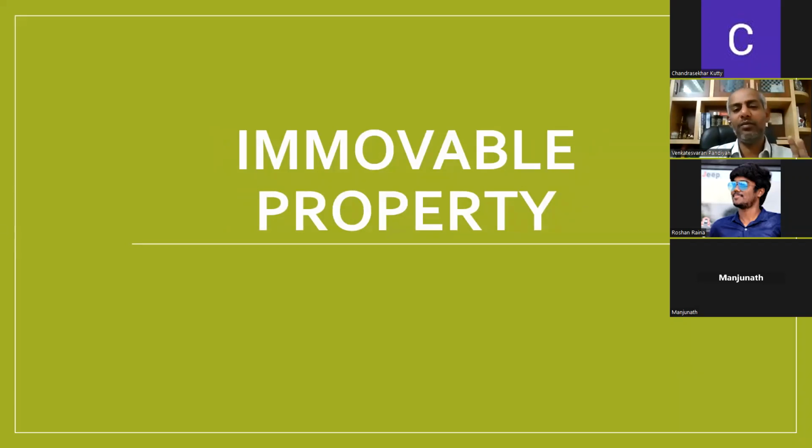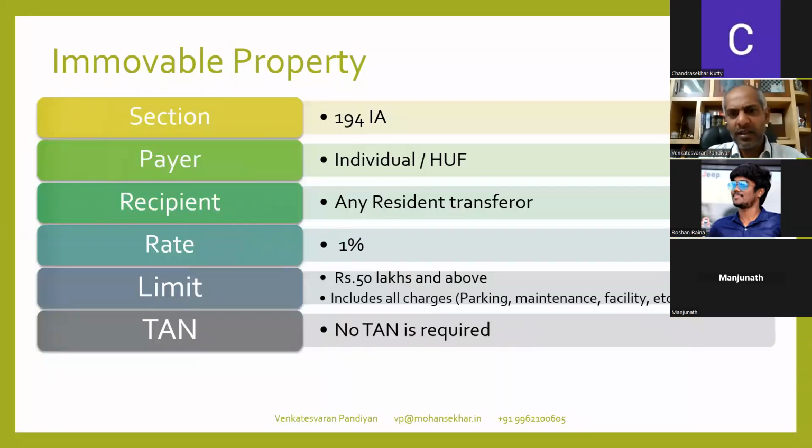When you buy an immovable property, it can be an individual or HUF, and you buy it from any resident person, a person resident in India who is the transferor, and the payment to that is more than 50 lakhs, then 1% has to be deducted.